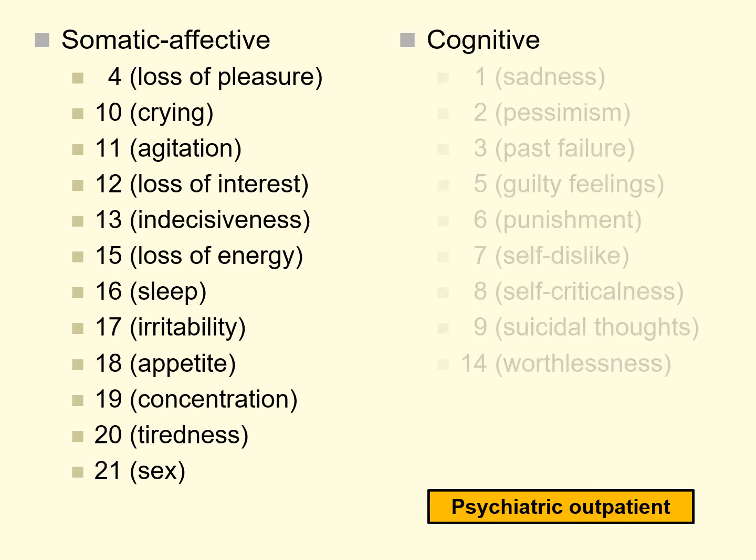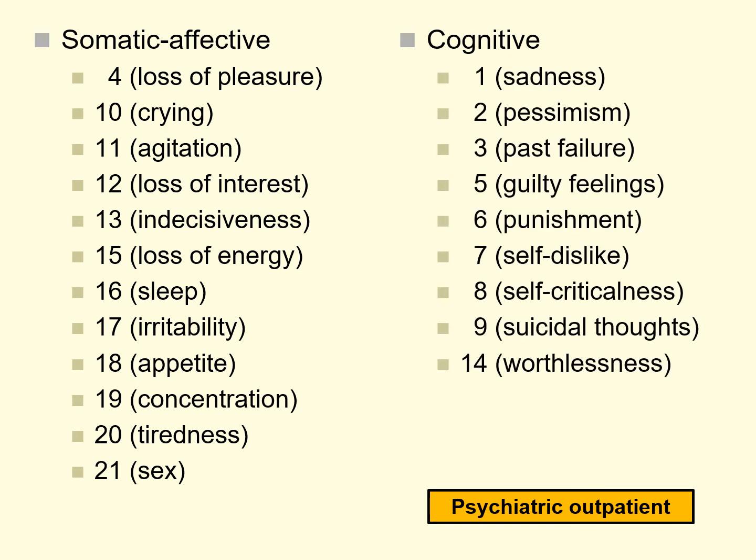And then a separate correlated factor that is more of the cognitive features or symptoms of depression. So a similar two-factor solution, though not exactly the same. Somatic symptoms in a sense migrate around in different factor solutions with different populations. That's a little weird, but that just seems to be the way it works.